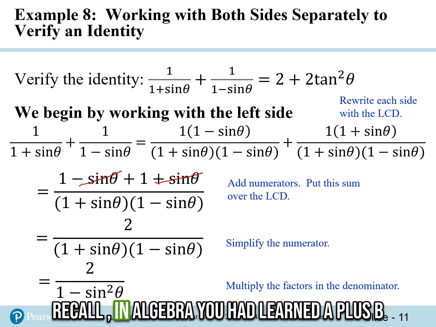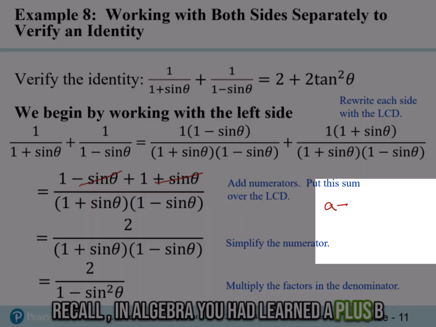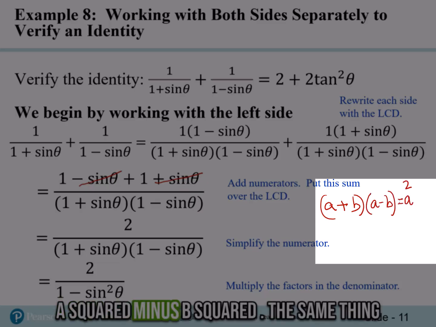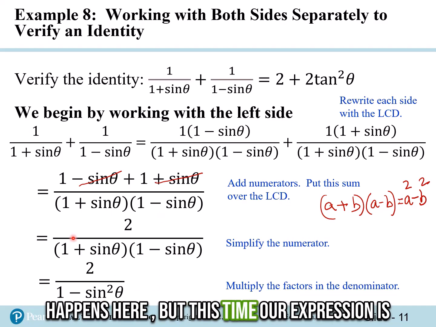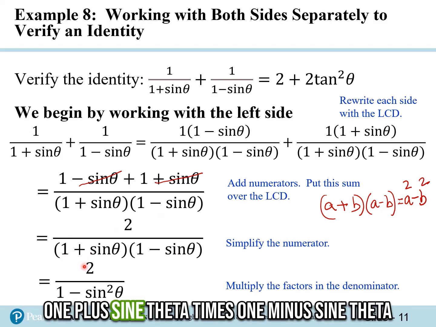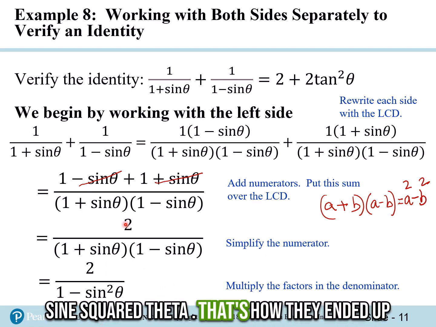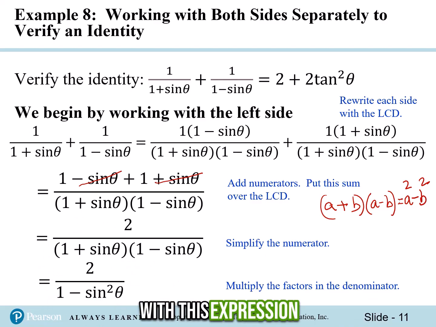If you recall, in algebra you had learnt a plus b times a minus b is equal to a squared minus b squared. The same thing happens here, but this time our expression is 1 plus sine theta times 1 minus sine theta instead of a and b. So it's 1 squared minus sine squared theta. That's how they ended up with this expression.